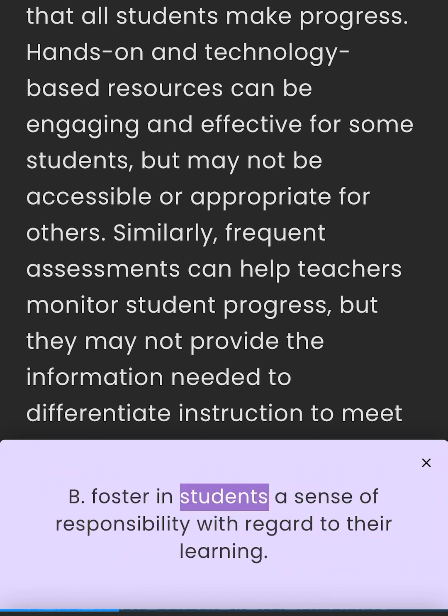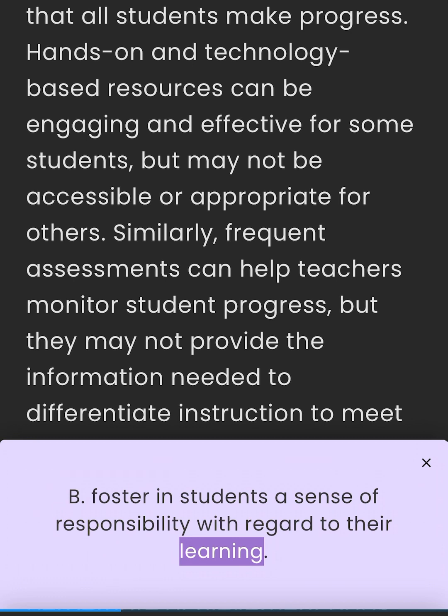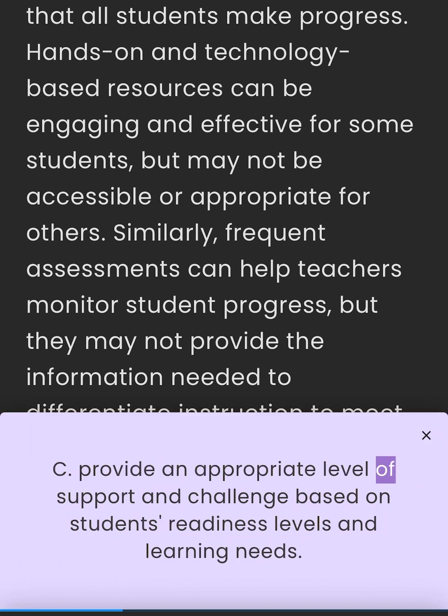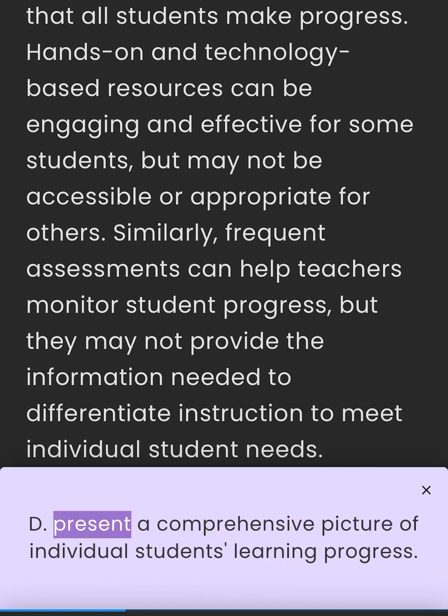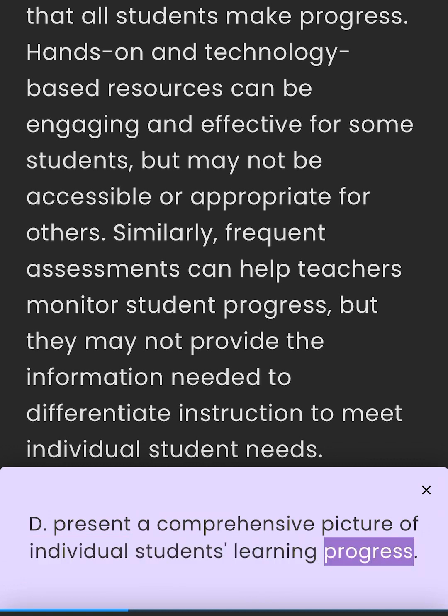B. Foster in students a sense of responsibility with regard to their learning. C. Provide an appropriate level of support and challenge based on students' readiness levels and learning needs. D. Present a comprehensive picture of individual students' learning progress.